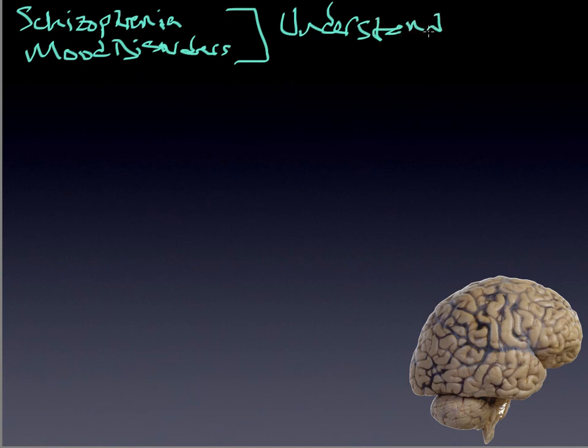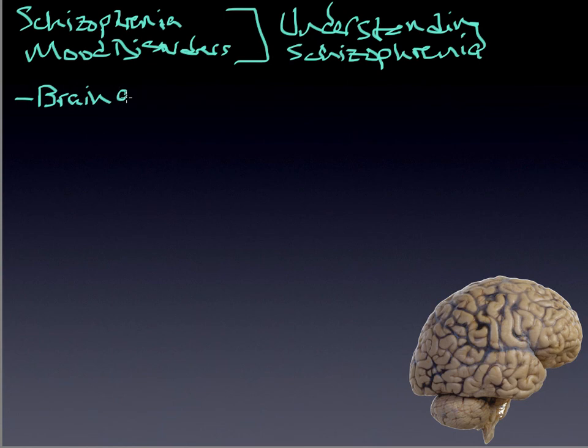Researchers have identified some specific abnormalities in the brain, the actual neural tissue of schizophrenics. And essentially what they have found is there are brain abnormalities around and connected to increased receptors for dopamine.